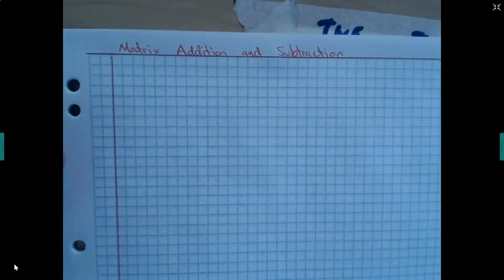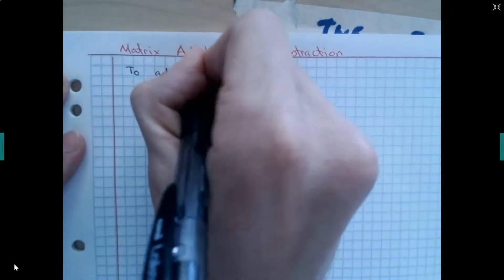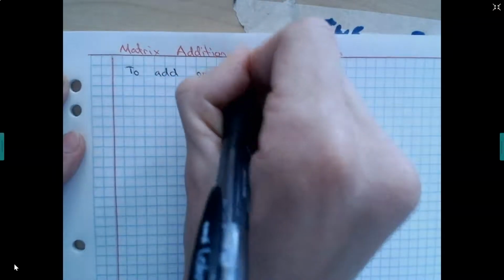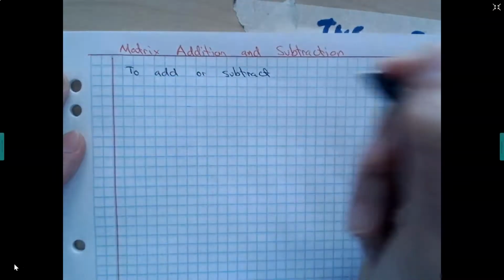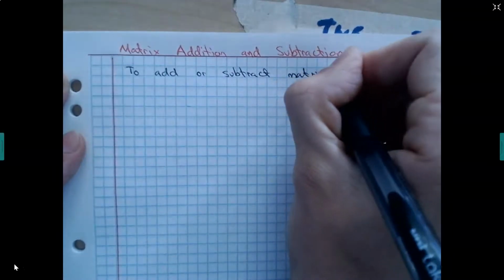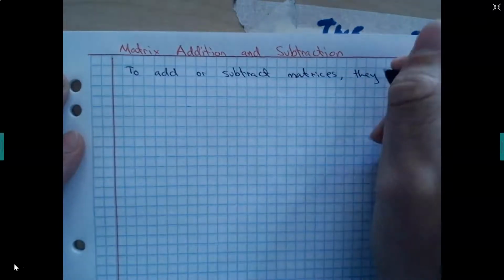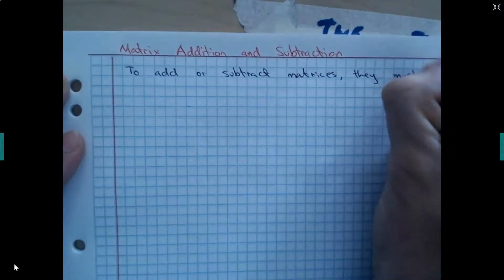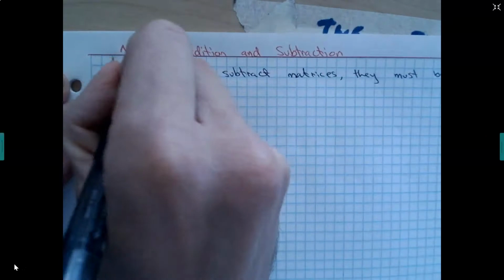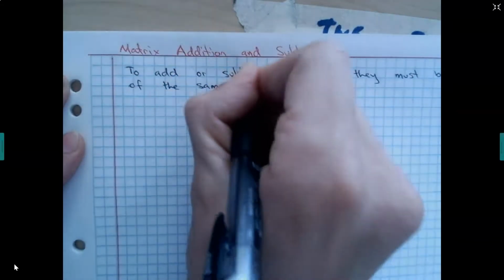Alright, so to add or subtract matrices, they must be of the same order.